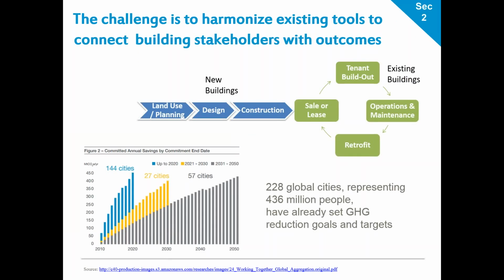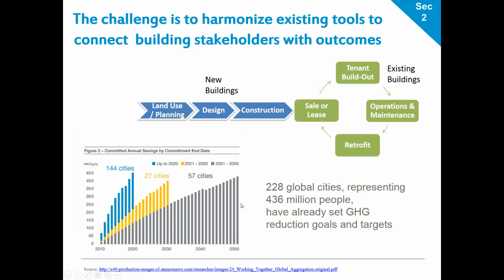The challenge here is to harmonize this vast range of tools with various capabilities and audience and assumptions and data requirements with the needs of these new stakeholders who are trying to move towards clean, low-carbon cities. And so this is sort of a busy slide here, but in the upper portion you can see that we've mapped out portions of the building life cycle for new buildings and existing buildings, and these are sort of intervention points or opportunities where there can be efficiency improvements.